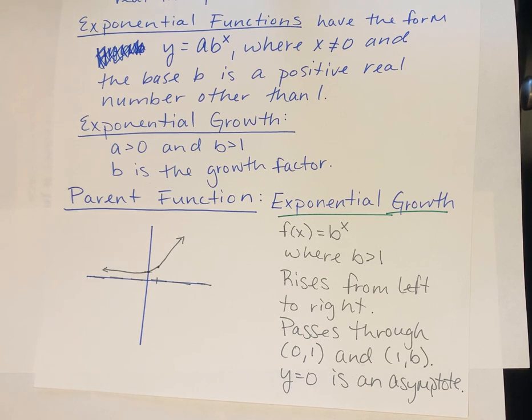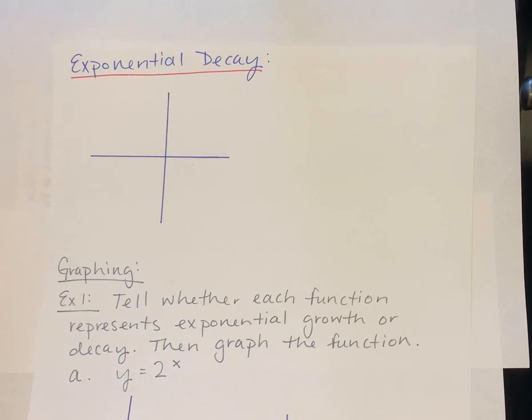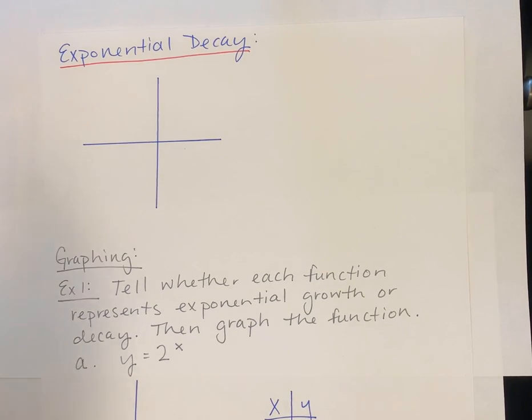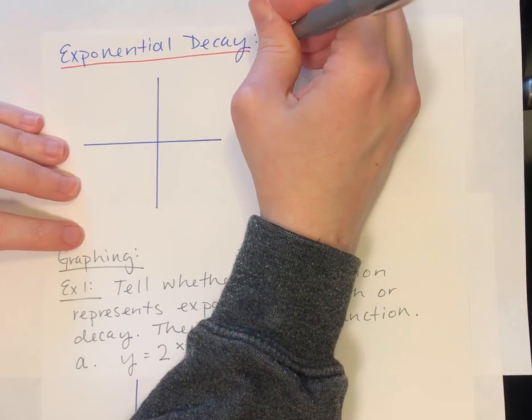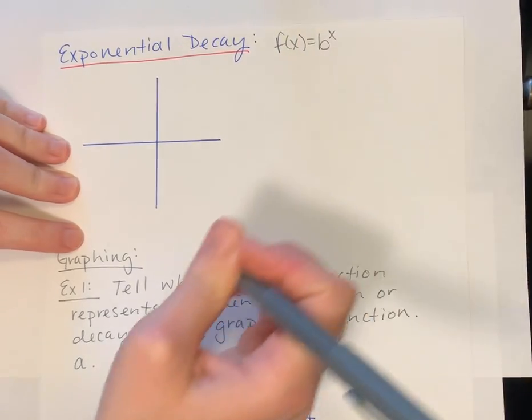Okay, next we're going to draw the exponential decay function. For this one, we still have the function f of x equals b to the x.